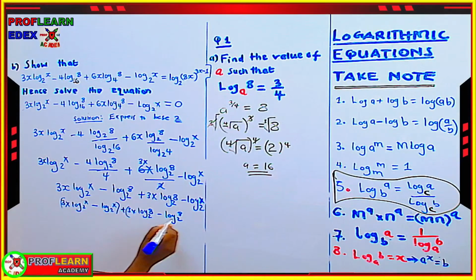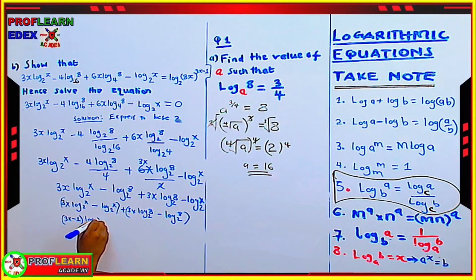And remember, when logs are added, we can multiply them and express as a single log, which means log a plus log b, we can say that's log a times b.